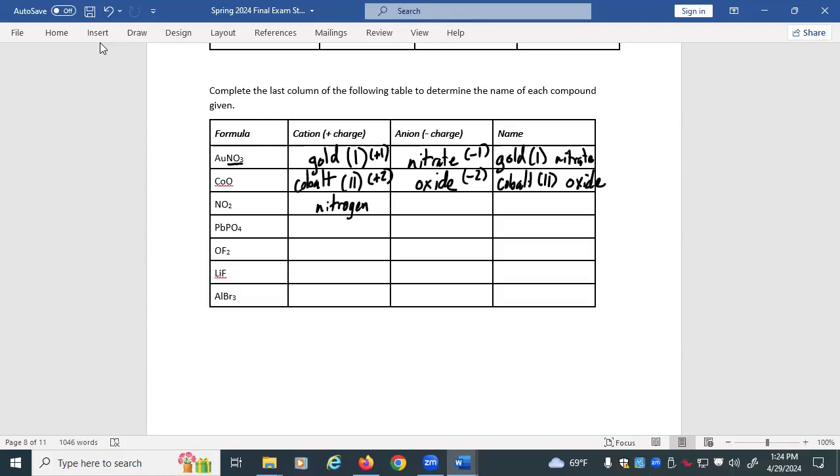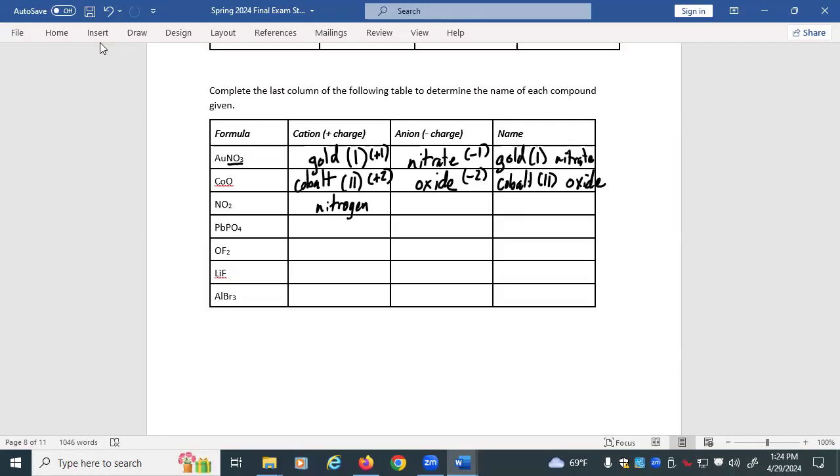What is the prefix for 1? It's mono. Do I need to put mono on the nitrogen here? In this case, no. If the first element is 1, we can leave it alone and just assume the 1.